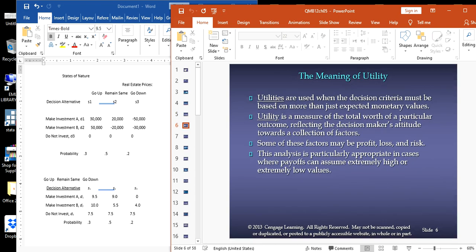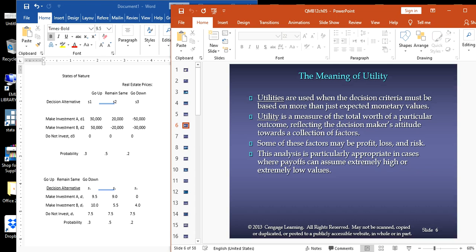Okay? So now we turn to utility. What's utility? It's a measure of the total worth of a particular outcome, reflecting the decision maker's attitude towards a collection of factors.